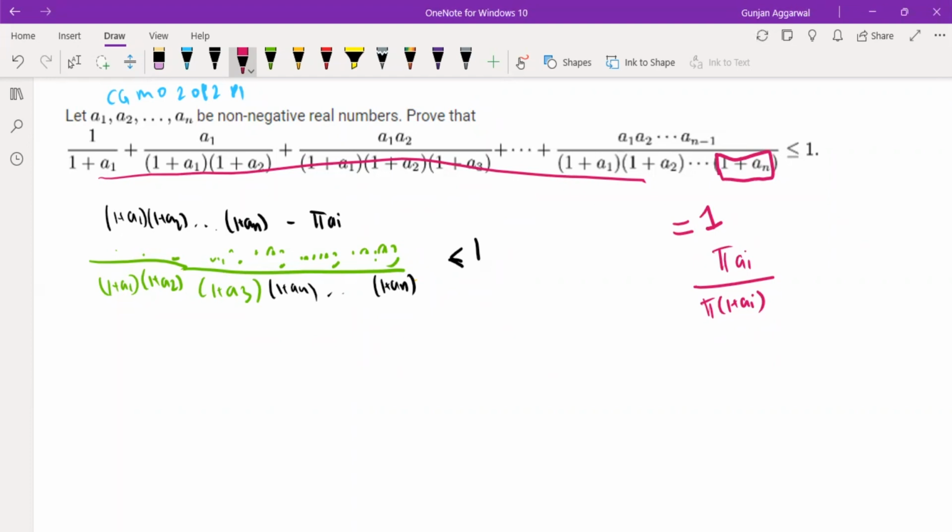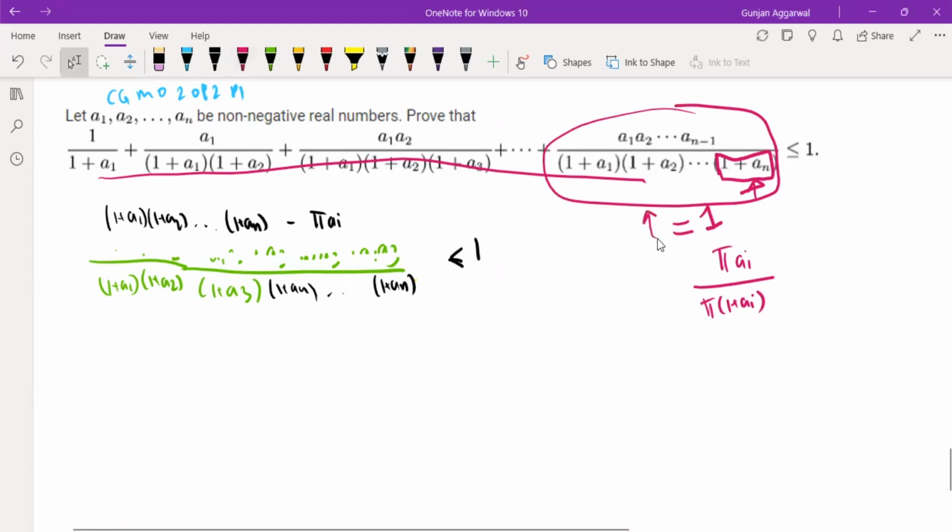How did you take an as 0? Oh, you're not audible, by the way. Since an only affects the last term, and we don't have any condition on the ai's, the more we increase an, the smaller this value is, and the more we decrease an, the larger this value is.